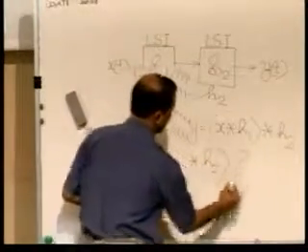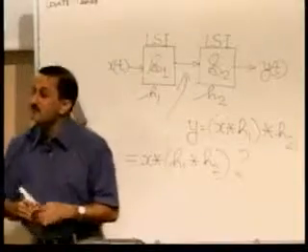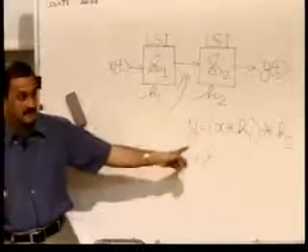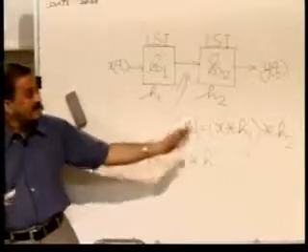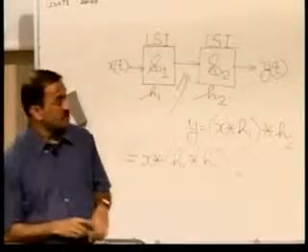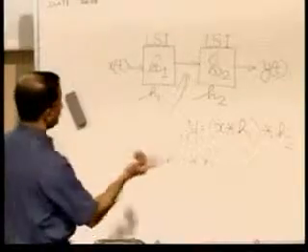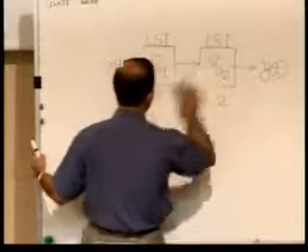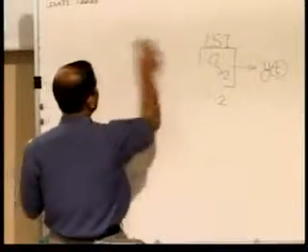In other words, does convolution obey the property of associativity? So we first answer that question. Well, it turns out that it does indeed.